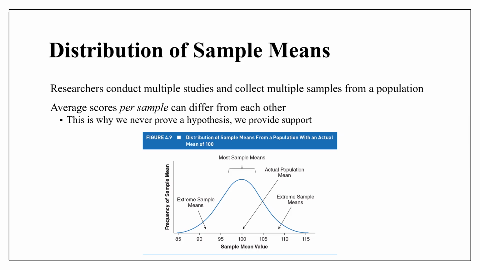The most accurate prediction that we can make about a population is going to be by taking all of those into consideration and averaging the observations across multiple of these samples.